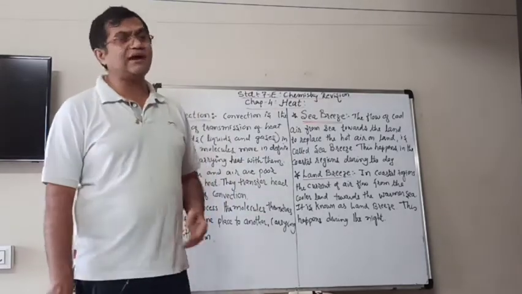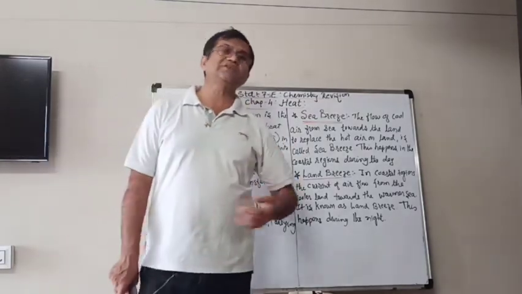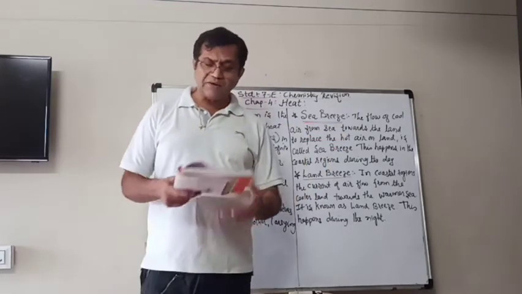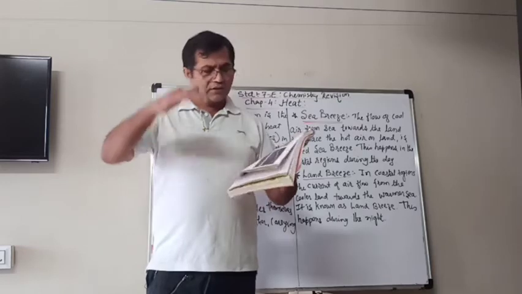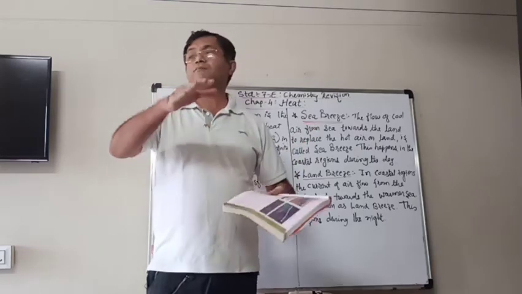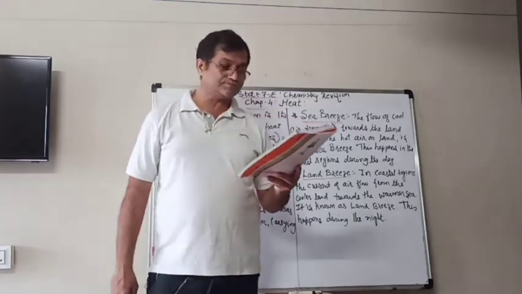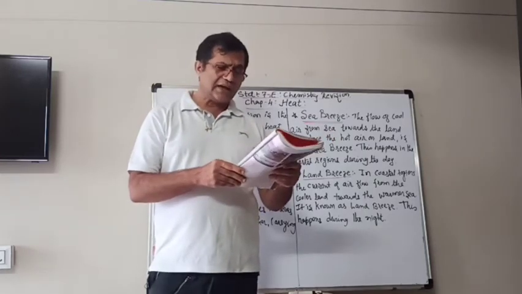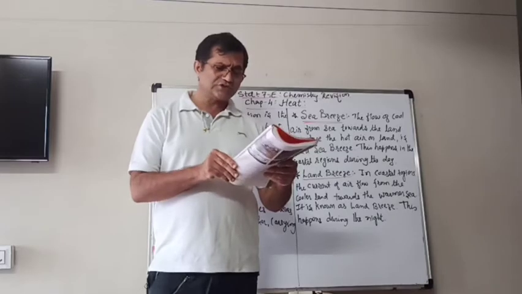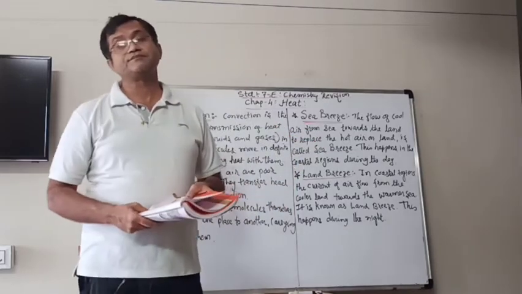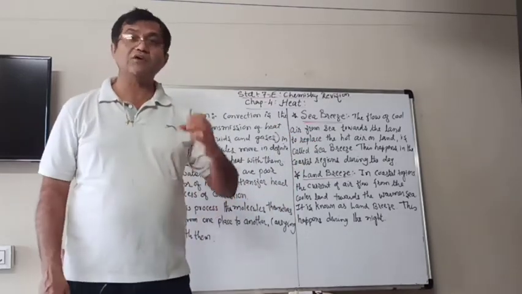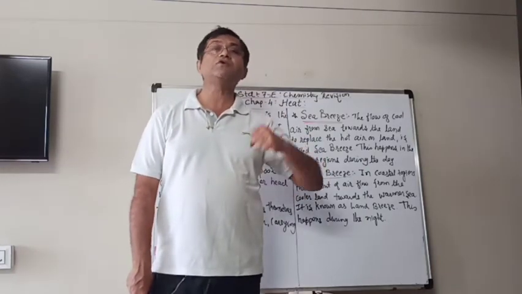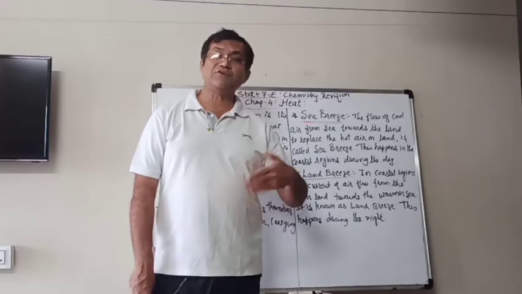But during the night time it is totally different. In night time what happens? There is no sun, so both of them start cooling down. But the water cools down more slowly than the land. So the land will become cold very fast.